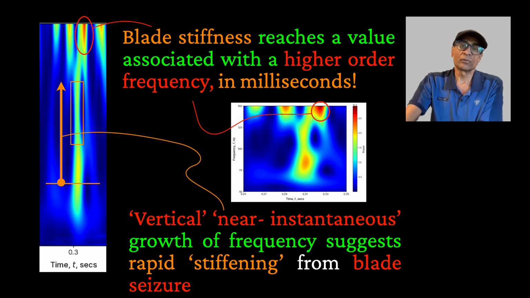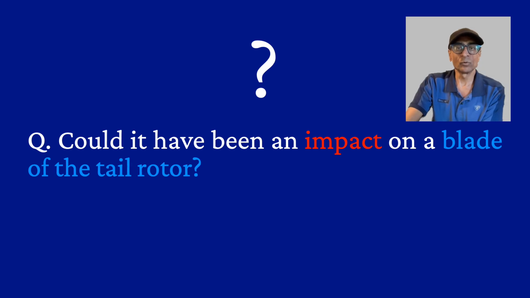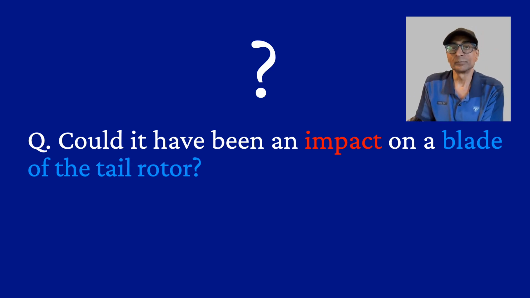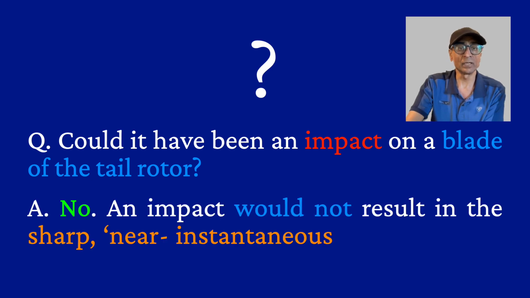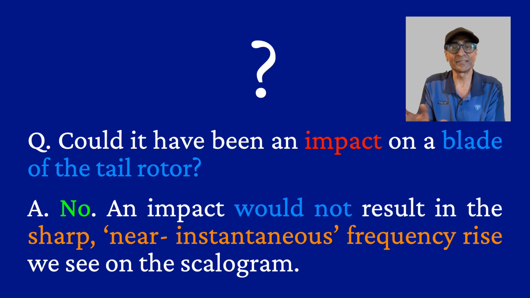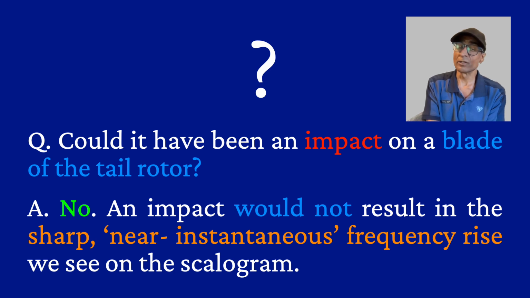Now there's one obvious question that I had to ask myself, and of course you might ask the same question too. Could it have been an impact on a blade of the tail rotor? Well, the answer is clearly no, because an impact would not result in this kind of sharp, near instantaneous frequency rise we see on that scalogram. In fact, an impact might fragment the blade and cause very high frequencies to occur, but certainly not leading from 85 hertz.